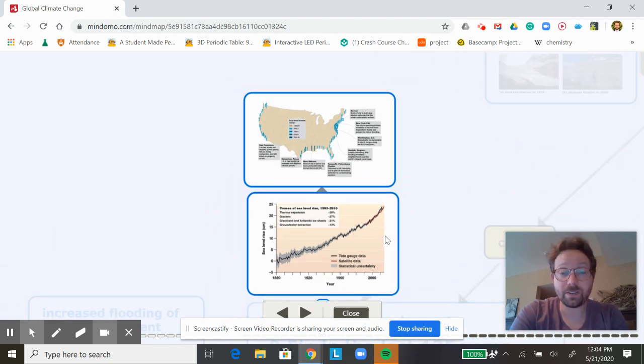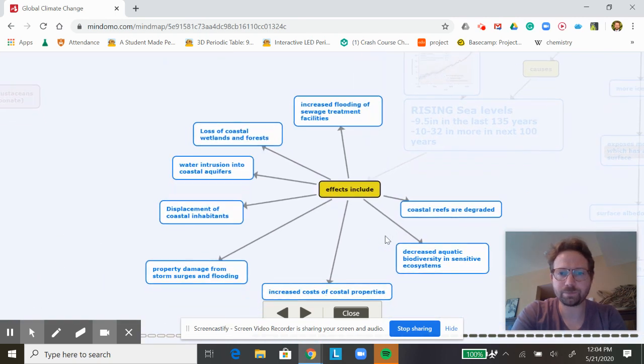These are places around the country, mostly on the coast, where a sea level rise will increase the risk of flooding in that area. And this affects so many different things. Loss of coastal wetlands and forests, increased floods of sewage treatment facilities because they're often near water sources.